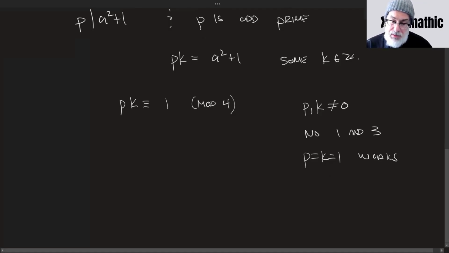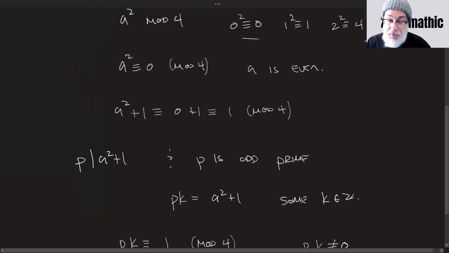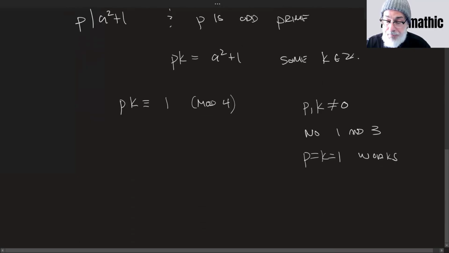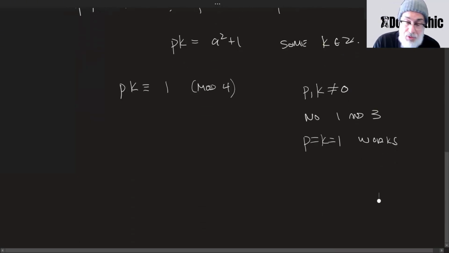Are we done then? No. 3 times 3 is 9, which is, what did I have? 1. Ah, shoot. So 3 times 3 is congruent to 9, which is congruent to 1 mod 4.